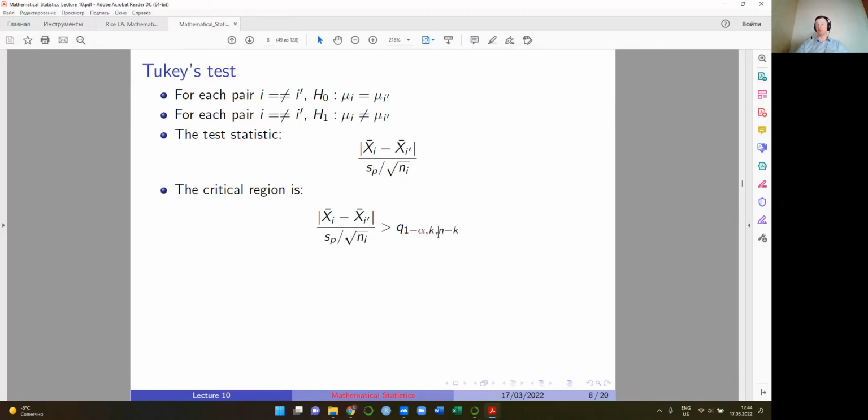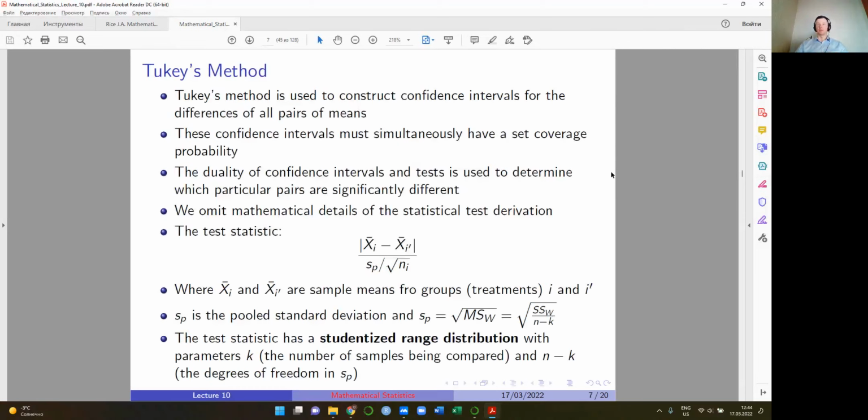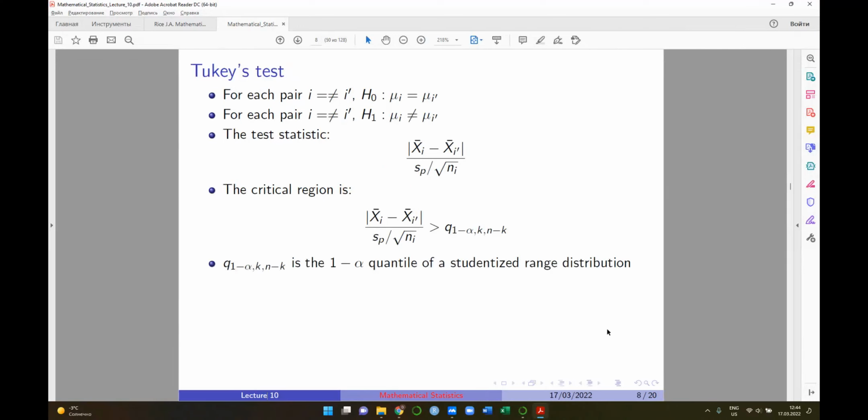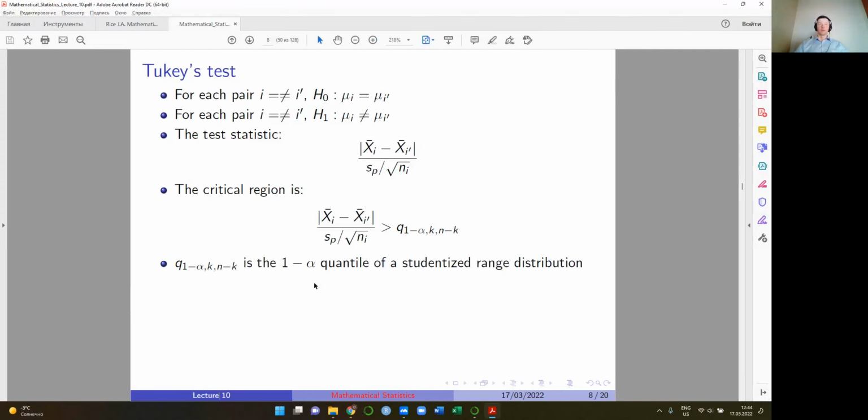So k is the number of groups that we compare, n minus k is the number of degrees of freedom for the pooled standard deviation, and this is the same as the denominator here, n minus k. So yes, it's the 1 minus alpha quantile of a studentized range distribution.